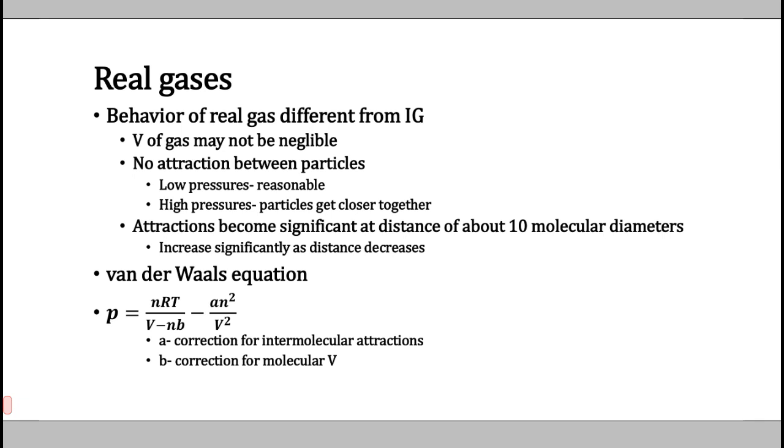So what are some things that might contribute to this deviation? Well, the volume of the gas may not be negligible after all. You might have to take into account the size of a large molecule, that it's no longer a point in space.